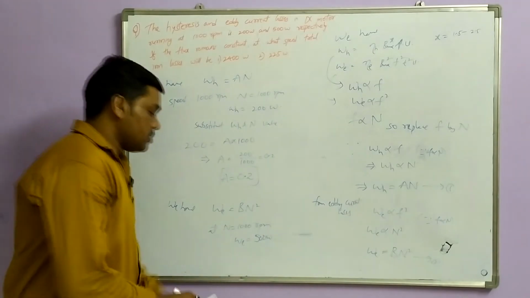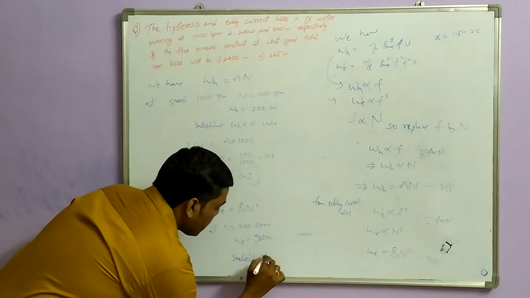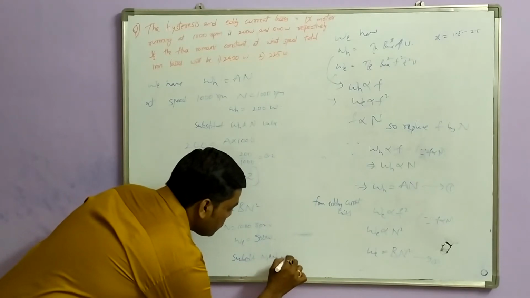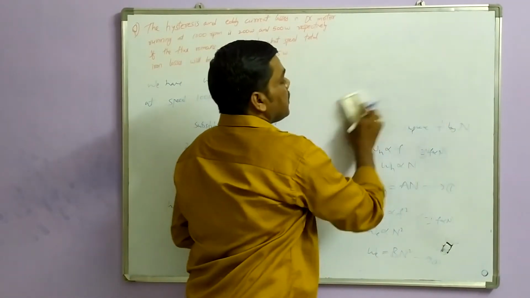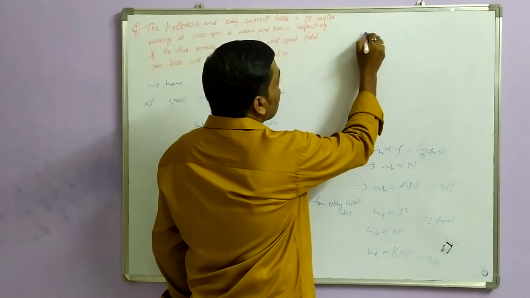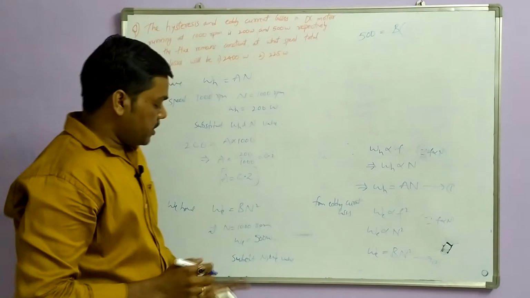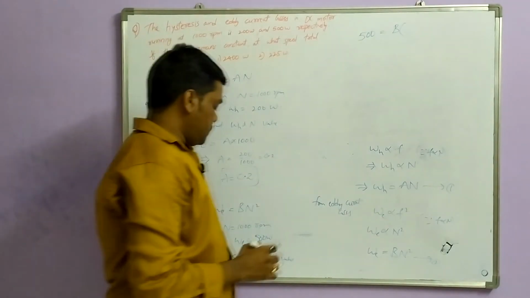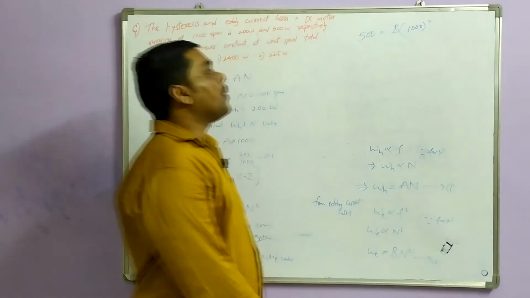Now substitute the N and WE values. So WE is equal to 500, the B value we have to evaluate, and N is equal to 1000 rpm, but it is a square term.